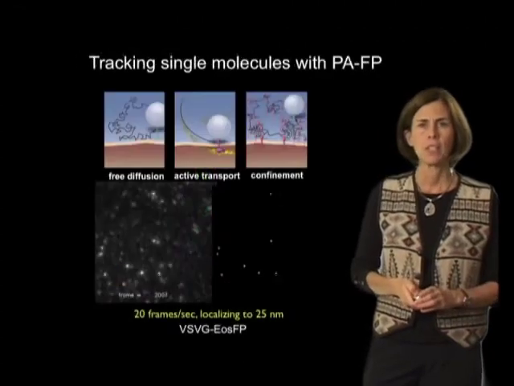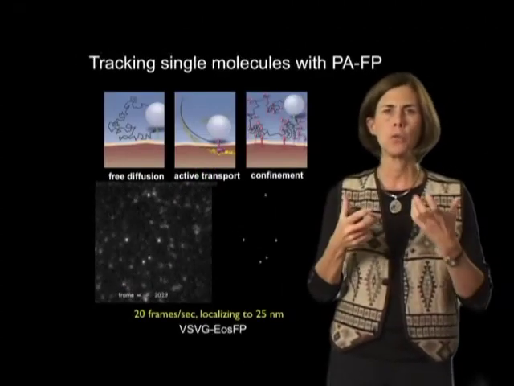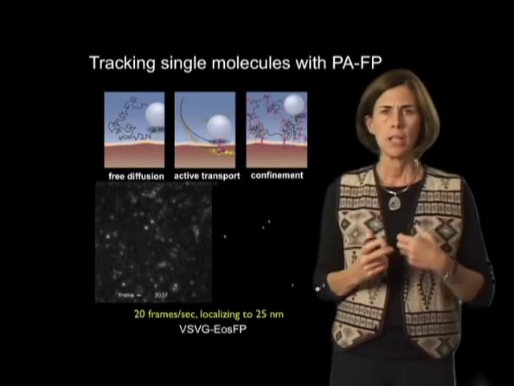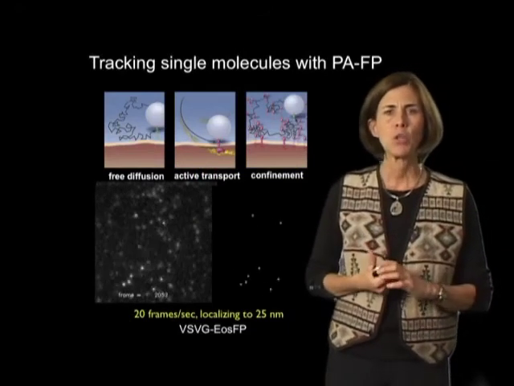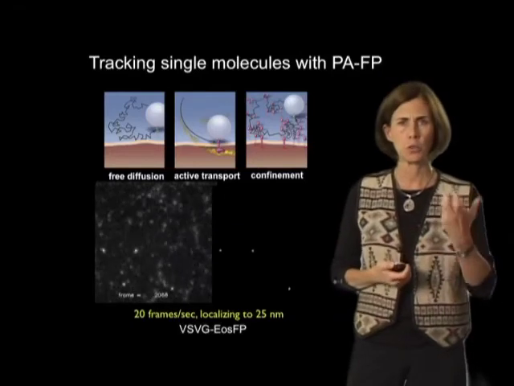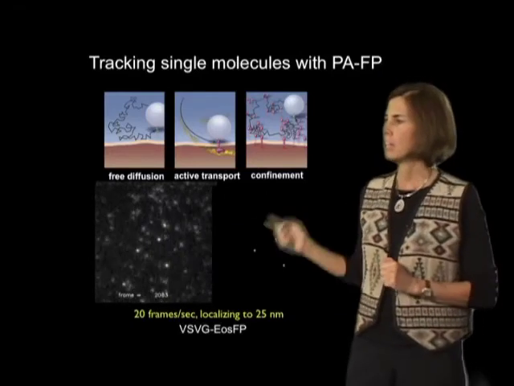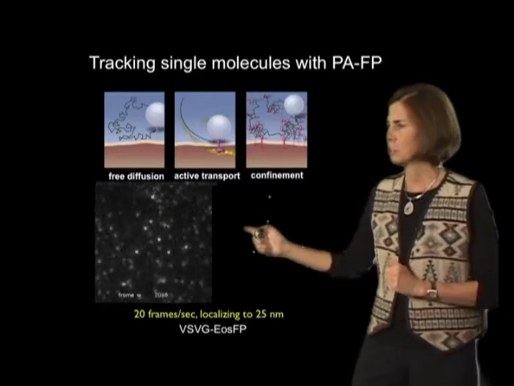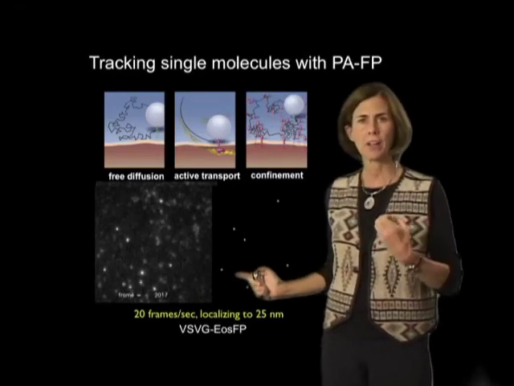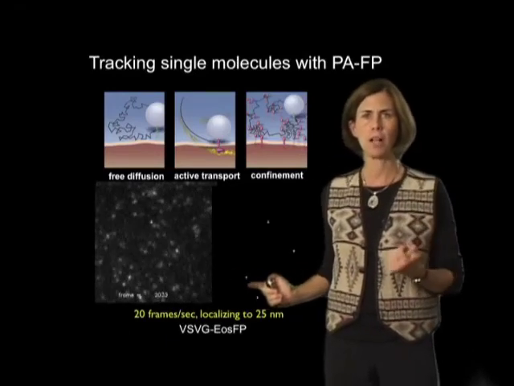Now, up to now, I've talked about how you can use PALM in fixed specimens, but you can also use these single molecule super-resolution approaches in live cells, and that's illustrated here, in order to track the movement of individual molecules.